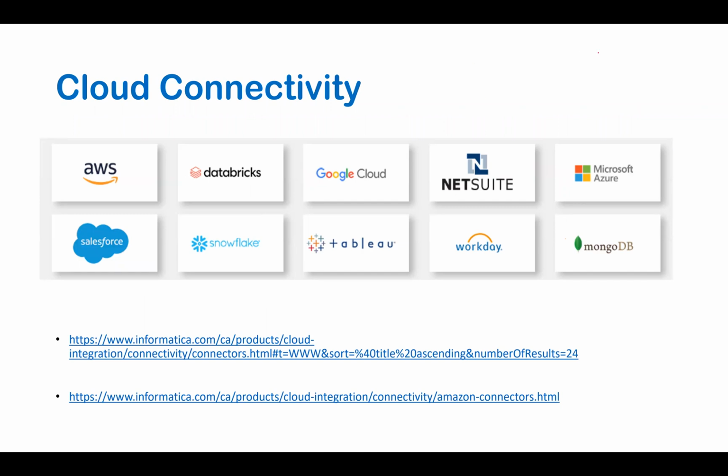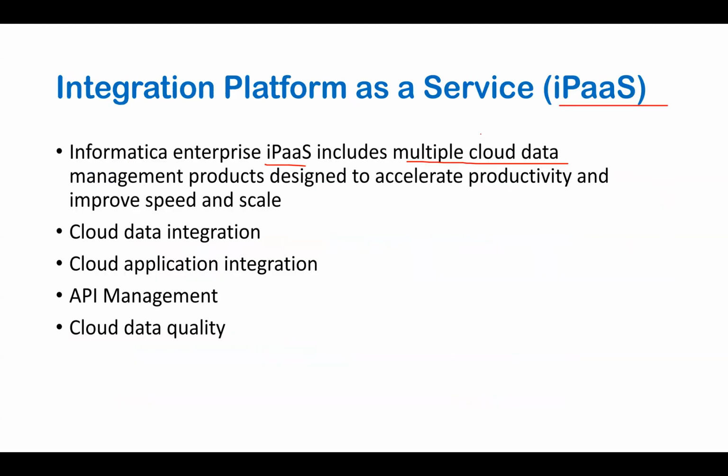Here, if you see the connectivity, a lot of connectivity options are there. It can connect with AWS, Databricks, GCP, NetSuite, Azure, MongoDB, Workday, Tableau, Snowflake, Salesforce, any data sources. So iPaaS means integration platform as a service.